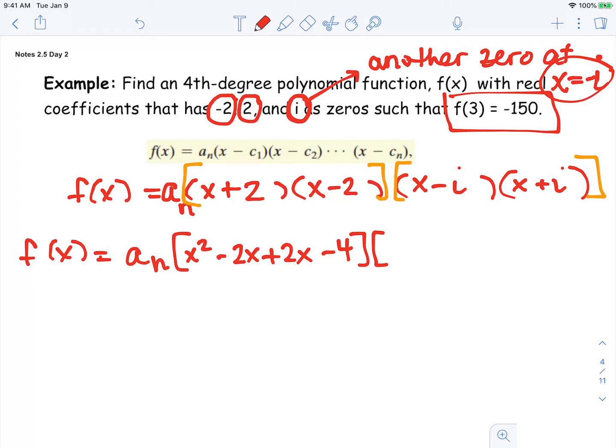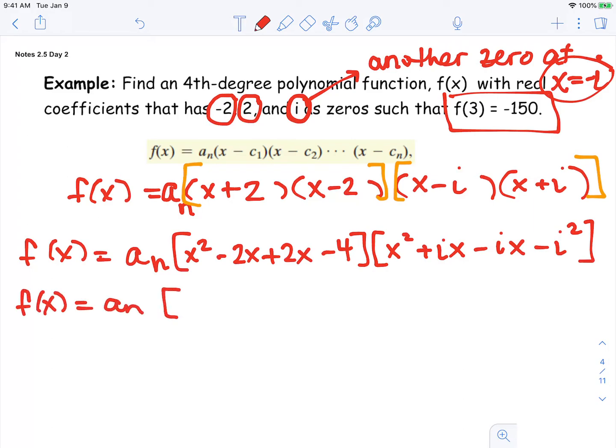One more time. First, outside, inside, last. Now I'm going to simplify those brackets. So I'm going to combine like terms. And that -i squared replaces with a -1, so -(-1) is a +1.